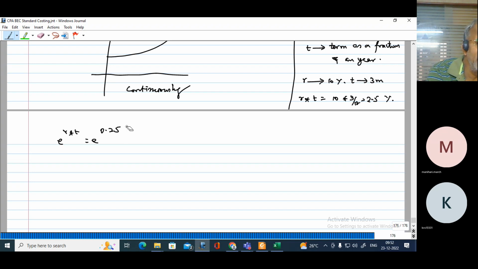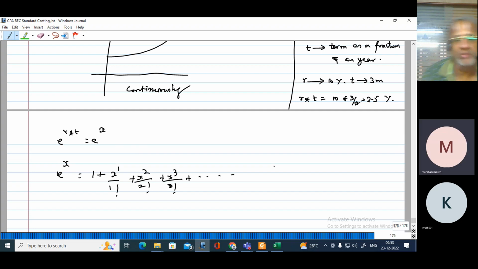I will take this as x. So e raised to x is equal to 1 plus x to the power 1 divided by 1 factorial plus x to the power 2 divided by 2 factorial plus x to the power 3 divided by 3 factorial, and so on.